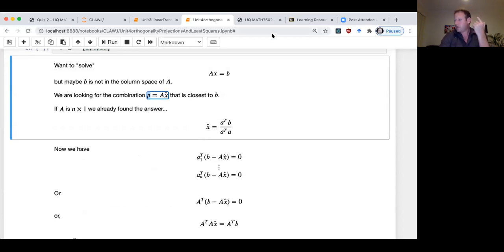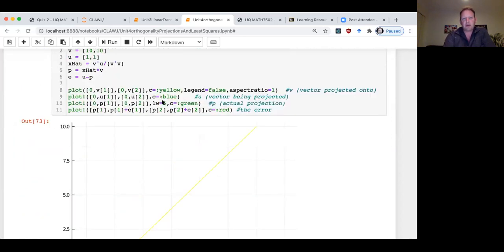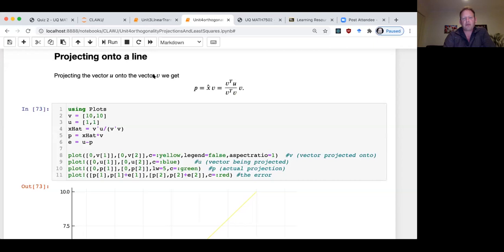And what you can see yourself when you review this, the case of projecting onto a line was nothing but the vector A, the vector that we projected onto. So we projected onto the vector V, it's just a matrix, okay?